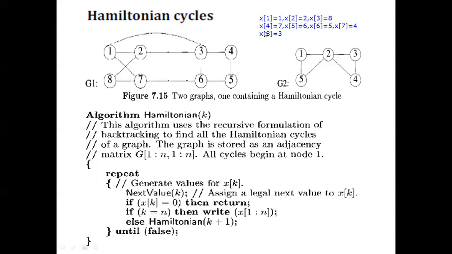It is 1. That is why I stored 1. After 1, which is the next vertex I visited? 2. That is why the second location is 2. Now it will change in the third. X of 3 is the third vertex visited. Which vertex am I going to visit? It is 8.